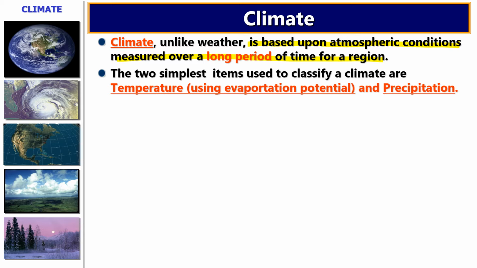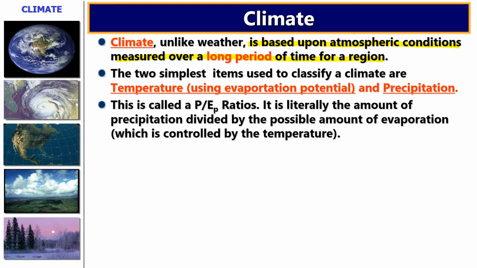So we are going to be using something known as a PEP ratio. A ratio is one number compared to or divided by another number. P stands for precipitation, so it's the amount of precipitation divided by EP, which is the possible amount of evaporation.